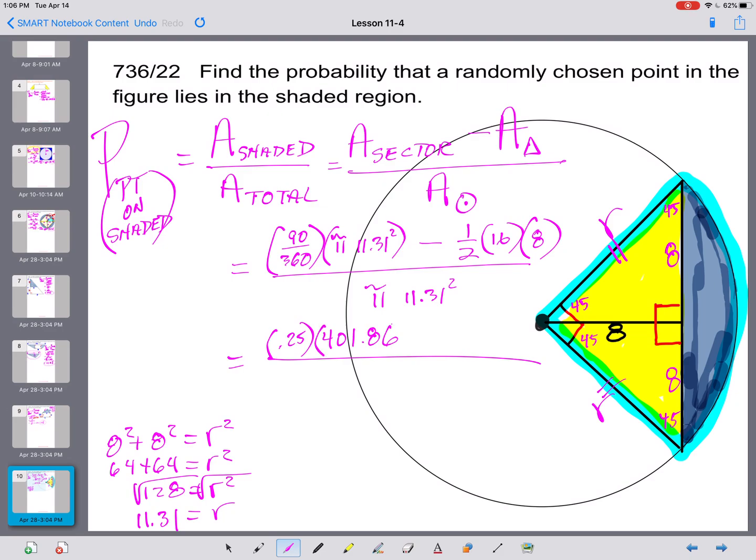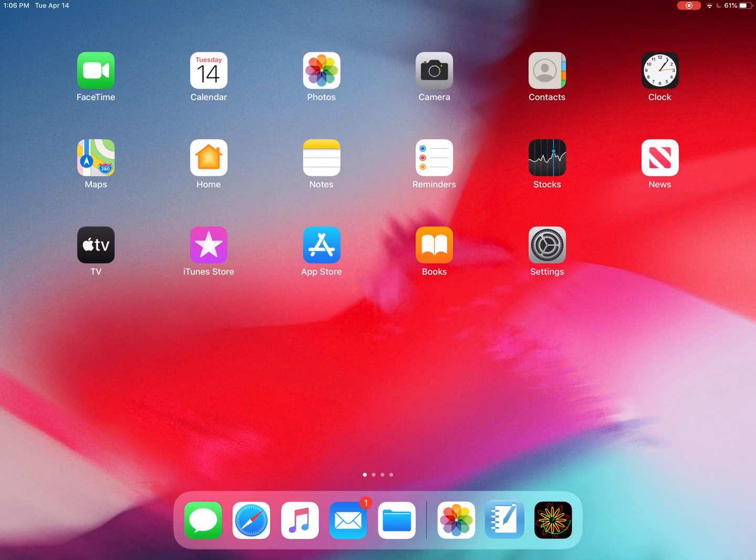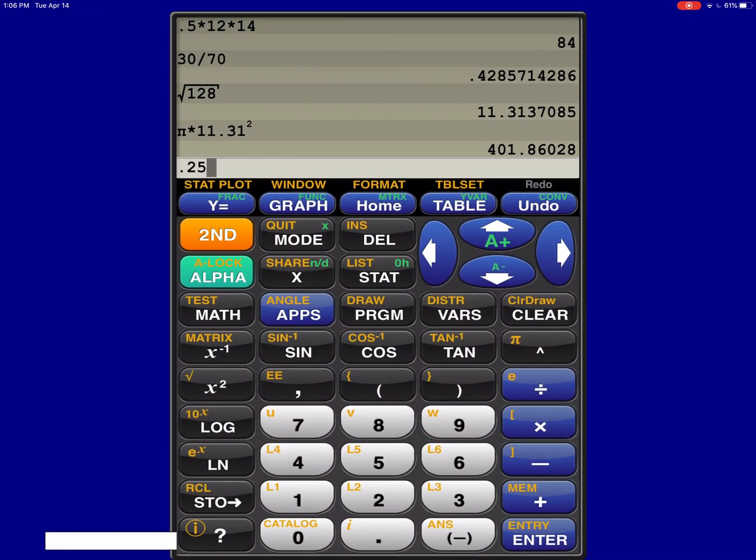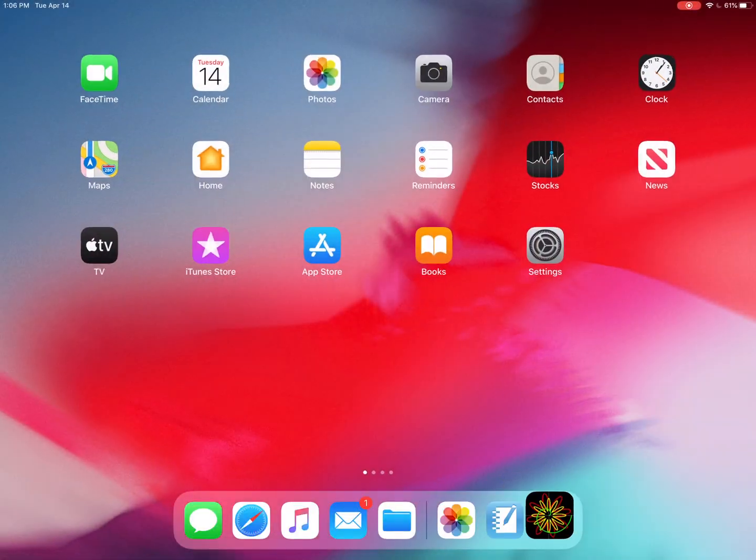Minus 1/2 times 16 times 8, that's 64. On the bottom, we got 401.86. Let's multiply by 0.25 now. 0.25 times 401.86. There it is. Good, 100.46.